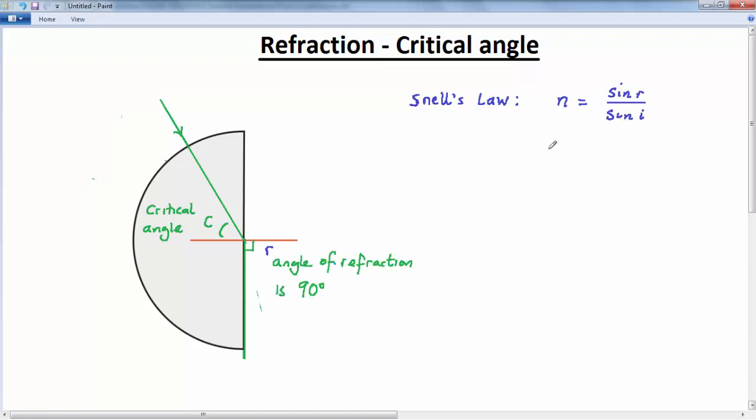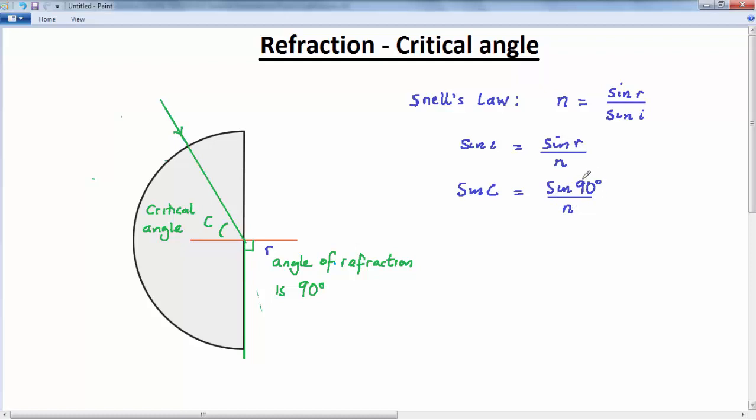So rearranging Snell's law here, we'll write sine of the angle of incidence is equal to sine of the angle of refraction divided by n. Now then, at the critical angle, the angle of incidence is called C, so we can say the sine of the critical angle is equal to, well, the angle of refraction is 90 degrees, that's to say the sine of 90 degrees divided by n, the refractive index of the glass.